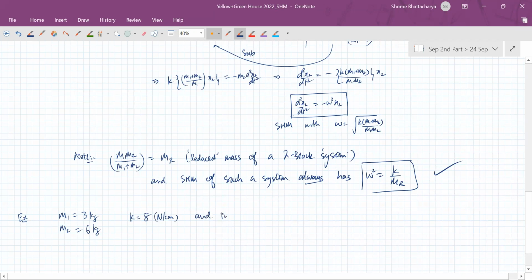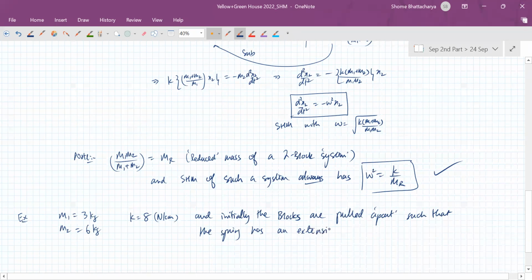And initially, the blocks are pulled apart such that the spring has an extension of 1.2 centimeters and released from rest.